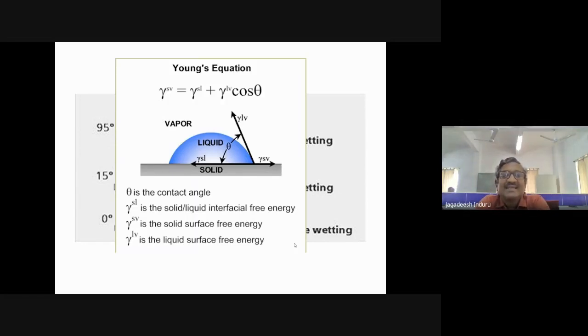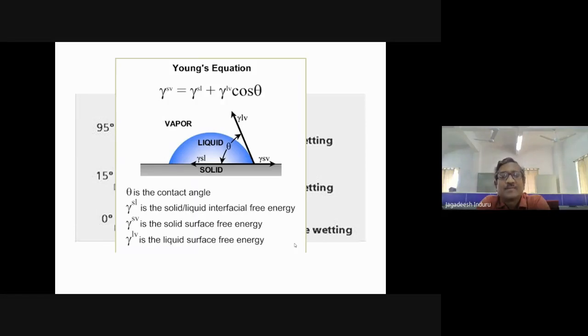The theta has a relationship with the three interfaces we have got. If you see here, gamma SV, that is the solid vapor interface, is equal to gamma SL plus gamma LV, the liquid vapor interface, into cos theta. Depending upon your theta angle, you are going to have variations of this.